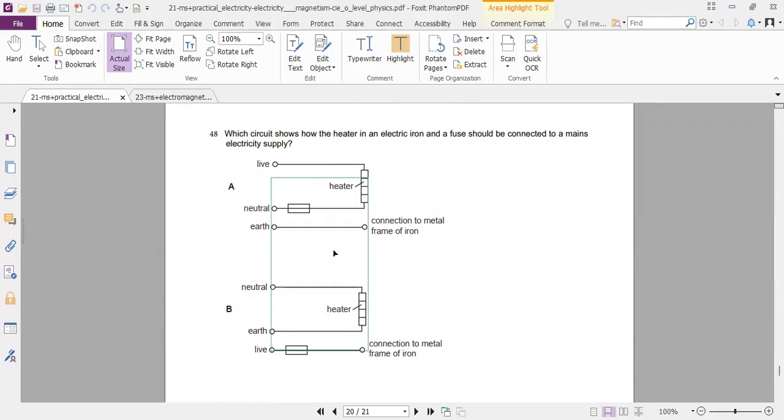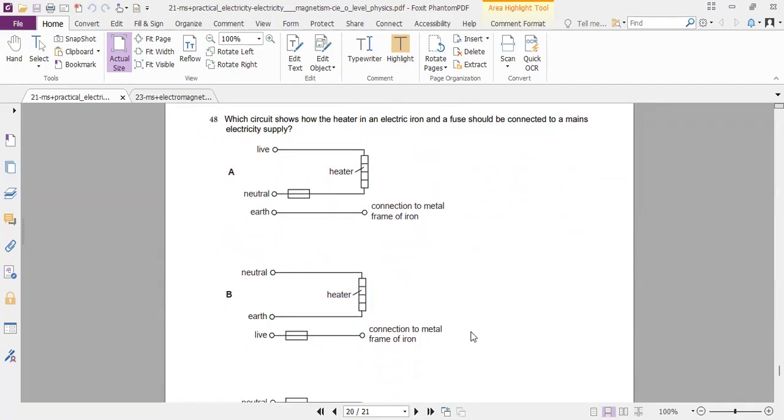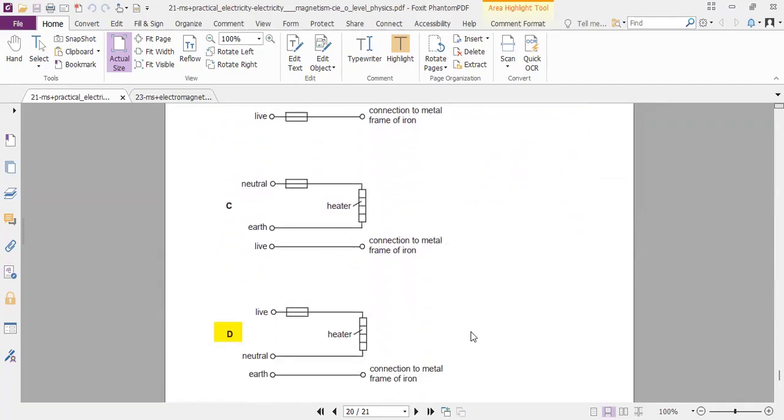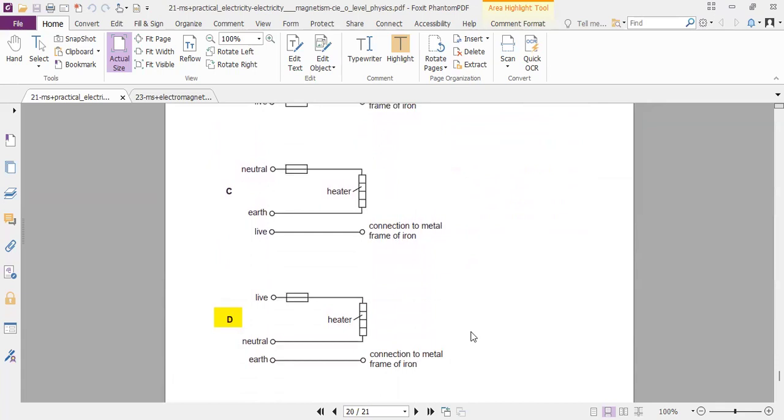Which circuit? So we have earth connected to the metal frame, and we should have live on the fuse and neutral connected to the heater.